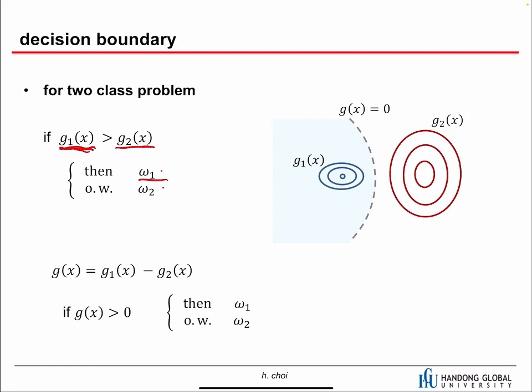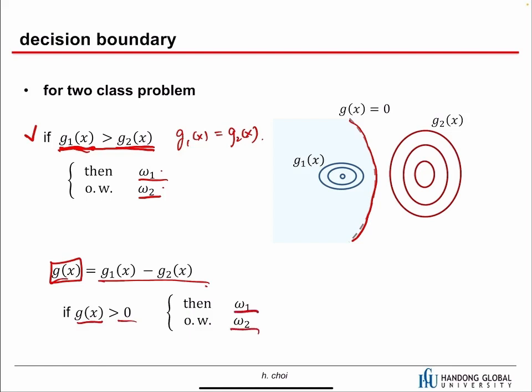What about the boundary? In this equation it says class 2, but it's up to you. So we want to find this boundary like this. Instead of comparing these, if we define g of x in this way, then if g of x is positive, it's class 1, otherwise class 2. Basically the same thing.